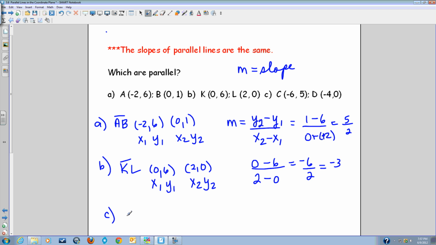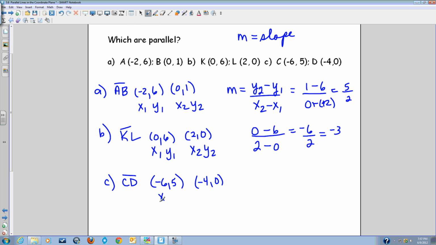So let's move on to CD. C is the point negative 6, 5, and D is the point negative 4, 0. First of all, let's label our points x1, y1, x2, y2, and now plugging our numbers into the formula, y2 minus y1 over x2 minus x1.